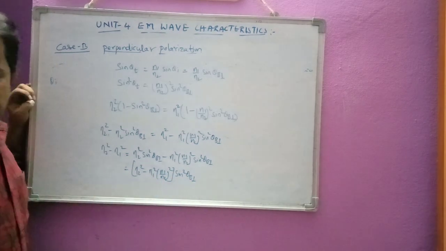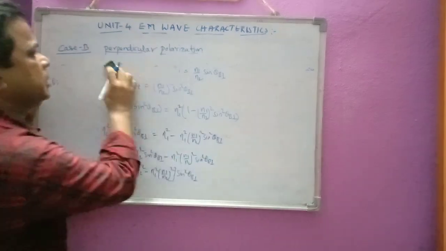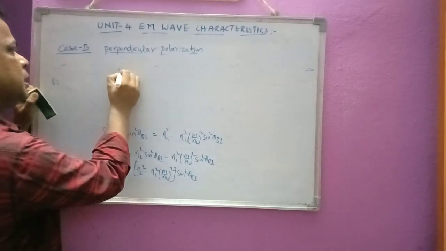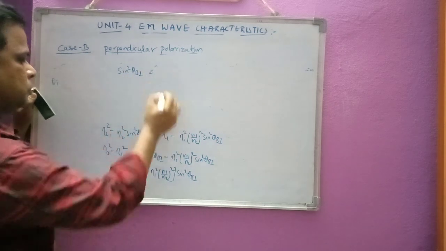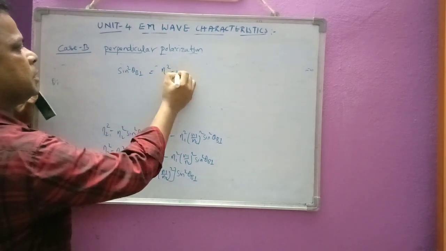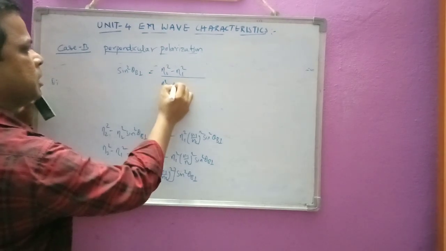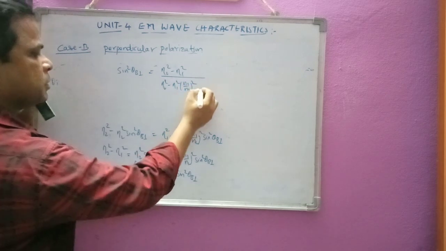Okay. Now I want this equation, that is sin square theta b perpendicular. So I can get it as sin square theta b perpendicular is equal to eta 2 square minus eta 1 square by eta 2 square minus eta 1 square into (n1 by n2) whole square.